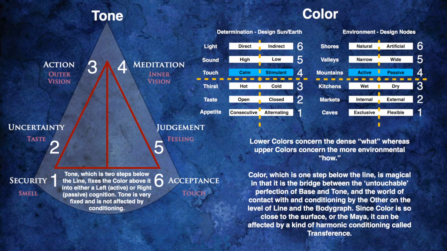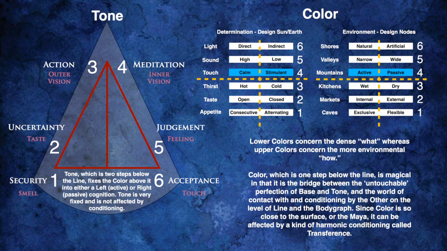It has a lot to do with civilization, like I said before, the elements of civilization. But the upper colors are called landscape, meaning it's more broad. It's not necessarily about a place in particular, but about the broader layout of the land. You could think of it again as no thing in particular. It's not the dense what, it's the more environmental how.